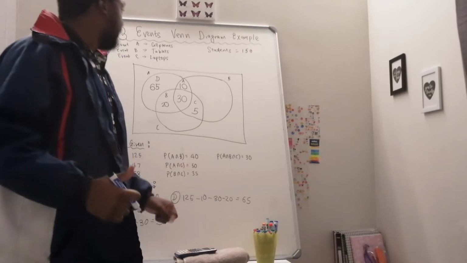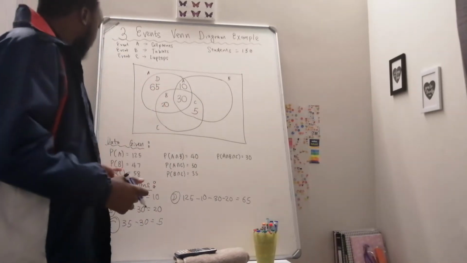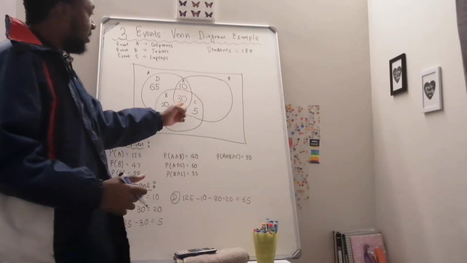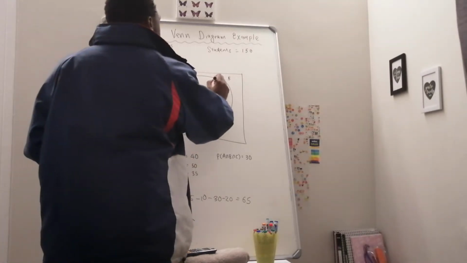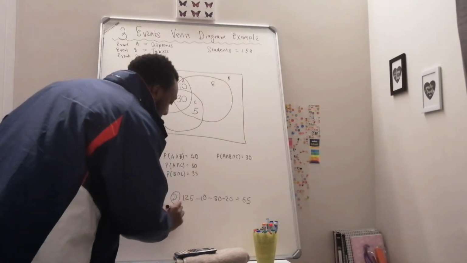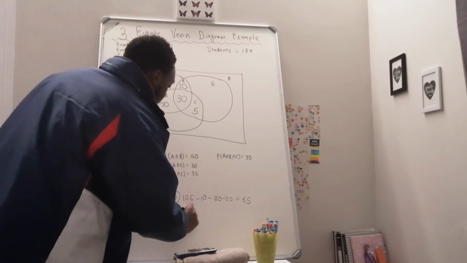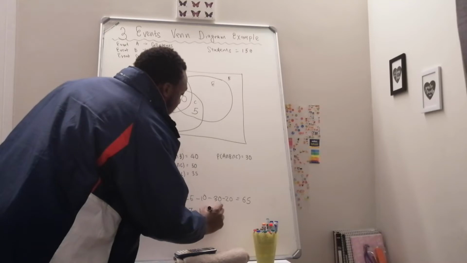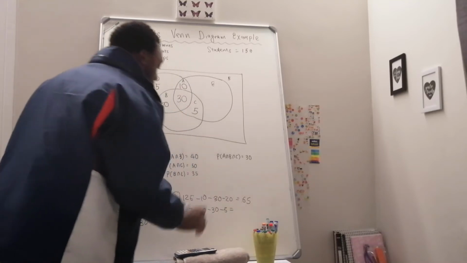Still with me? So how do we find that area? Well, we need the probability of B, and we just need to subtract the 10, the 30, and the 5. I'll call that area E. So I say 47 minus 10 minus 30 and then minus 5.